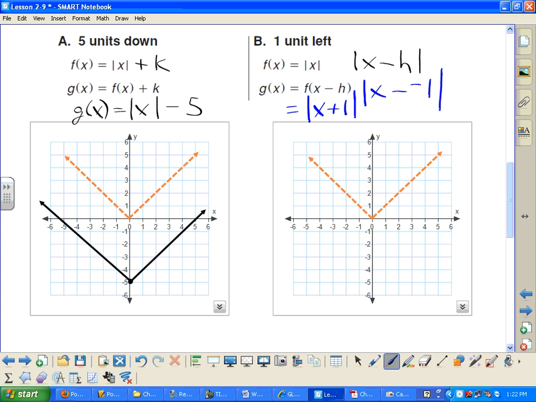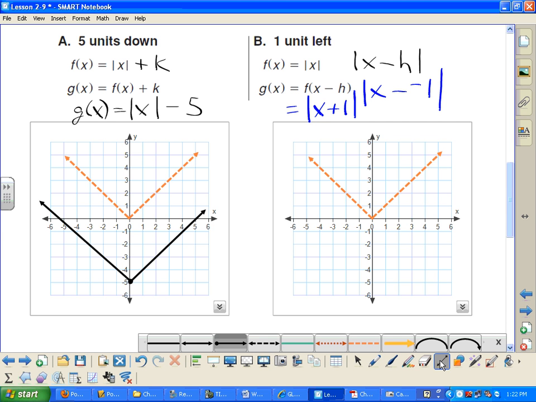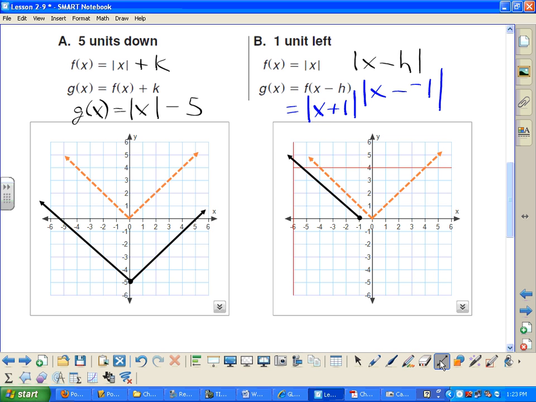Vertical is outside. If we graph this one, 1 unit to the left, we're going from -1. And that's what the graph looks like. You'll notice they're parallel. They still have the same slopes going both directions.